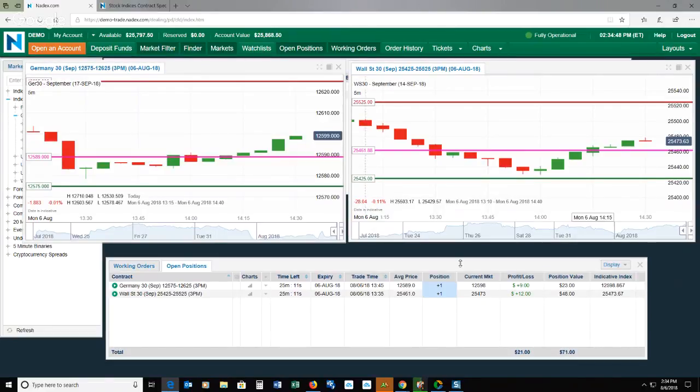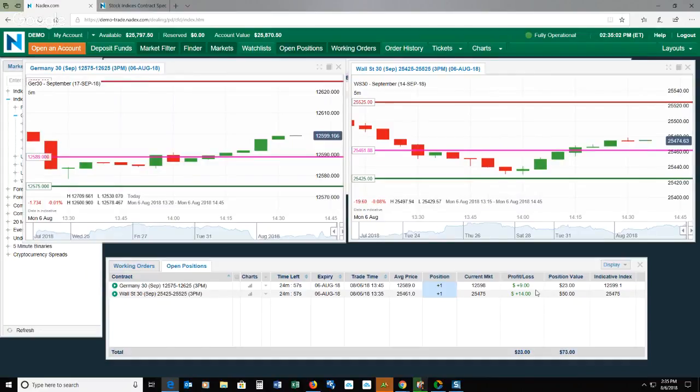Now, if you're looking at this from a risk to reward ratio, the Germany 30 actually did better than the Wall Street 30, even though the Wall Street 30 made more money. From a percentage wise, it was the Germany 30 because it only had $14 of risk versus the Wall Street 30, which I believe had $36 of risk.